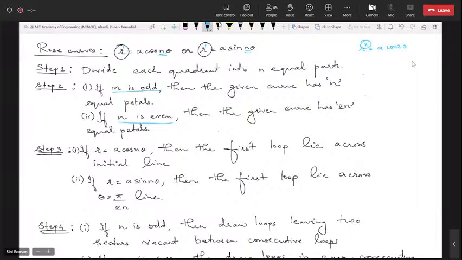If n is odd, then we are going to have exactly n equal petals. If n is even, then twice n equal petals. So the second step tells you how many loops to make, and it depends on the value of n.